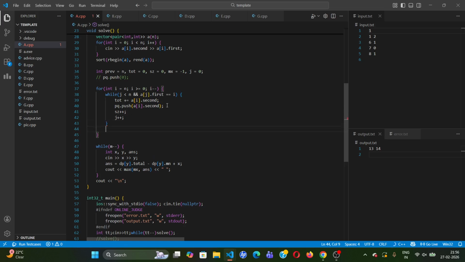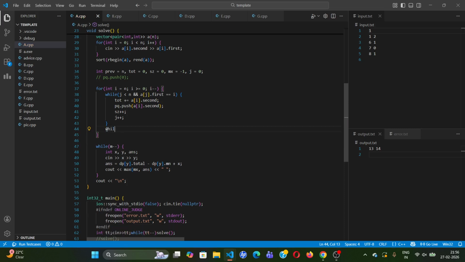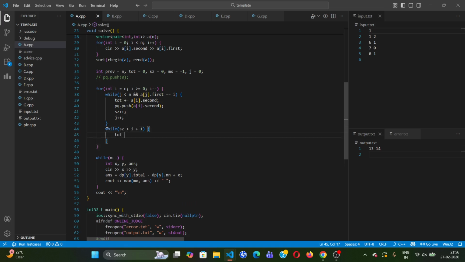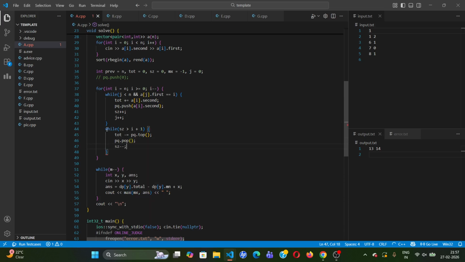Now if size is greater than i plus 1, then size greater than i plus 1, total minus equals to pq dot top and pq dot pop and size minus minus.